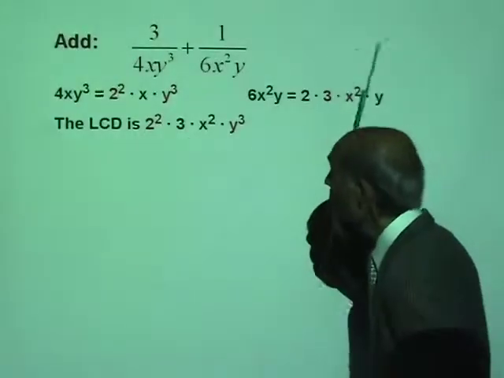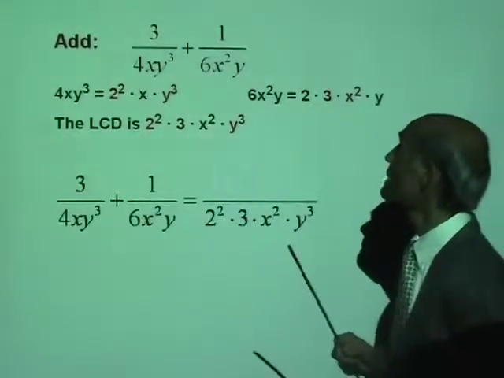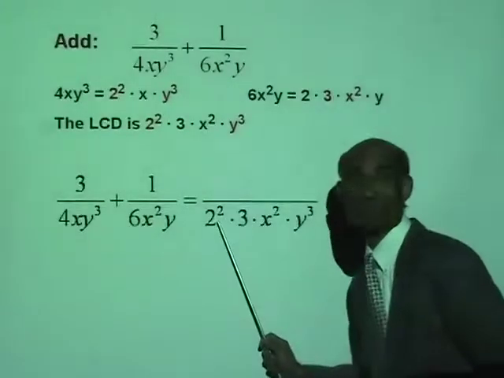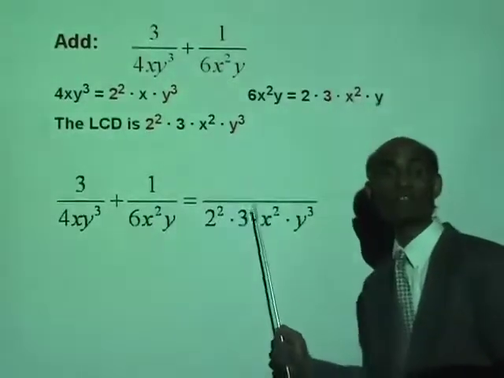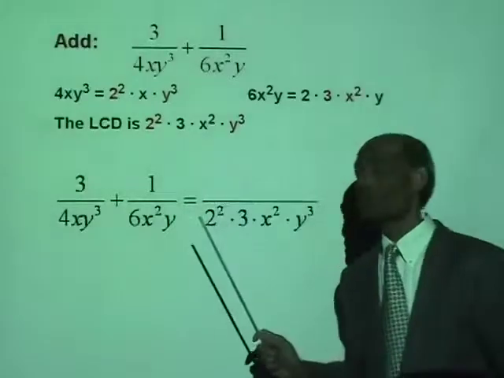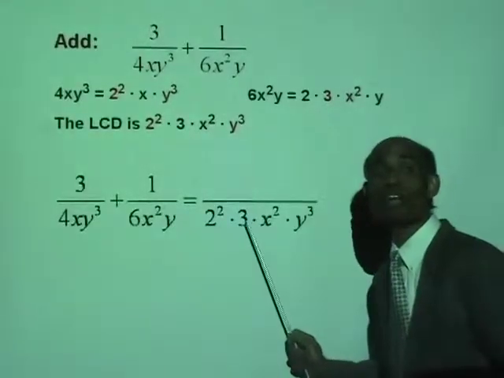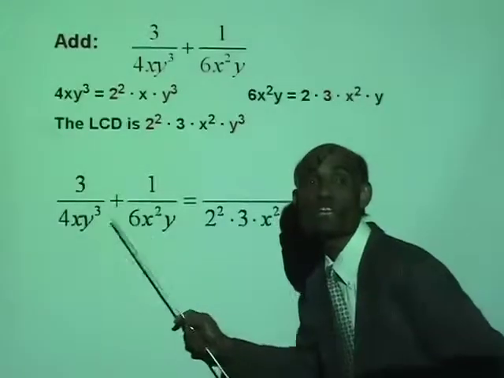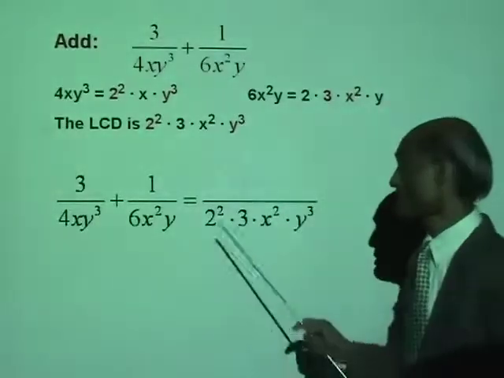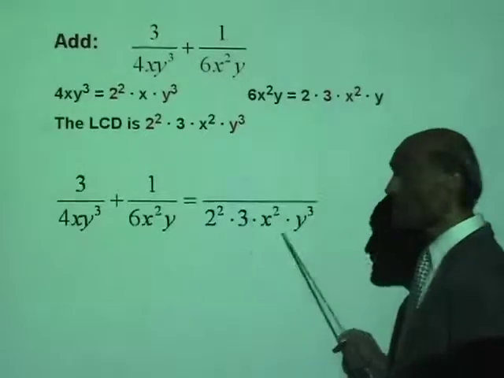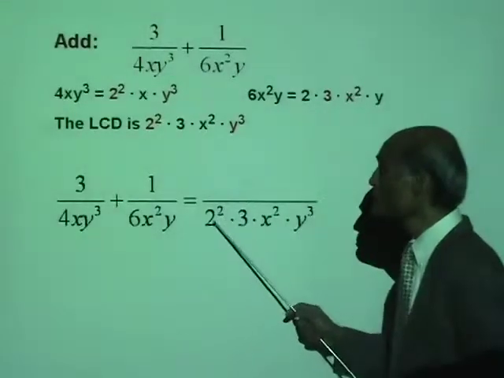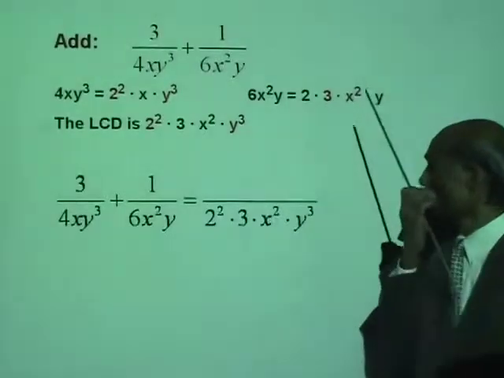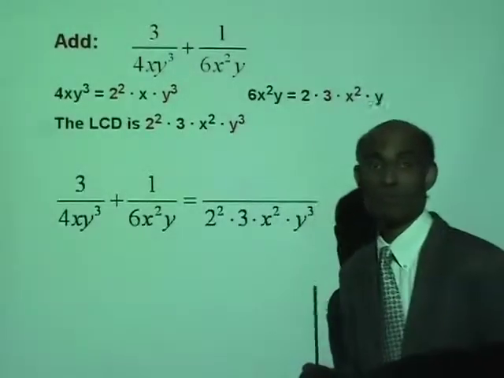Alright, let's leave the denominator like that. So the LCD is, now do not multiply into a bigger number. If you leave it like this, it will help us to find the missing factor in each of the denominators. So the common denominator LCD is 2 squared times 3 times x squared times y cubed.